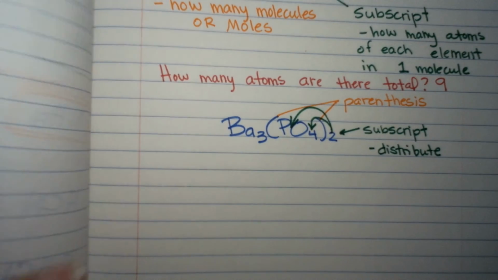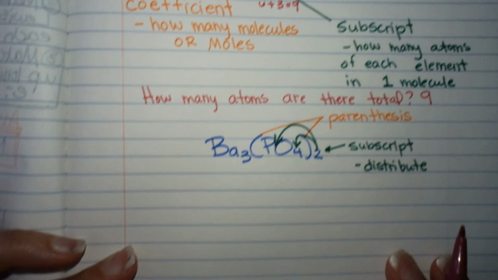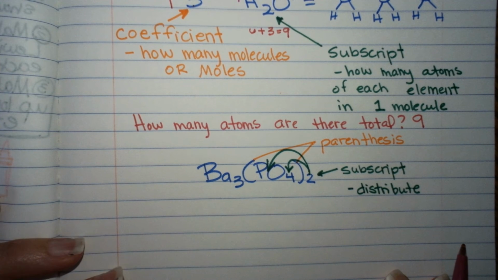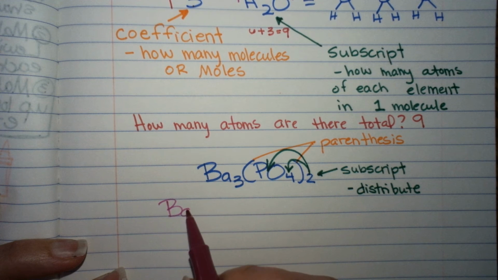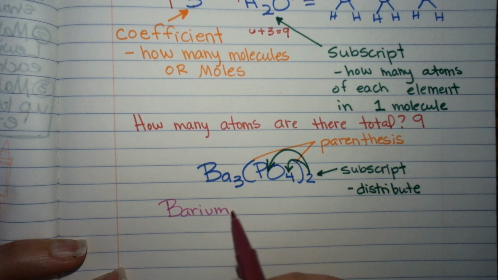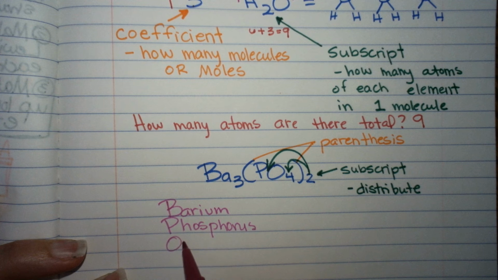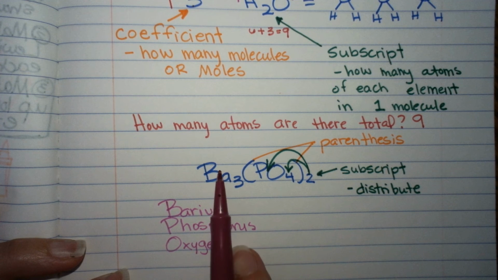Just to review that. So we have barium, we have phosphorus, and we have oxygen.